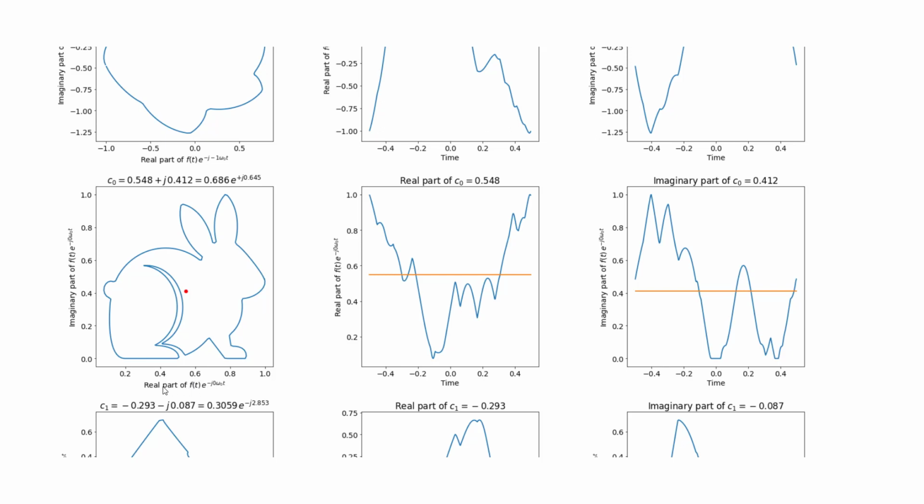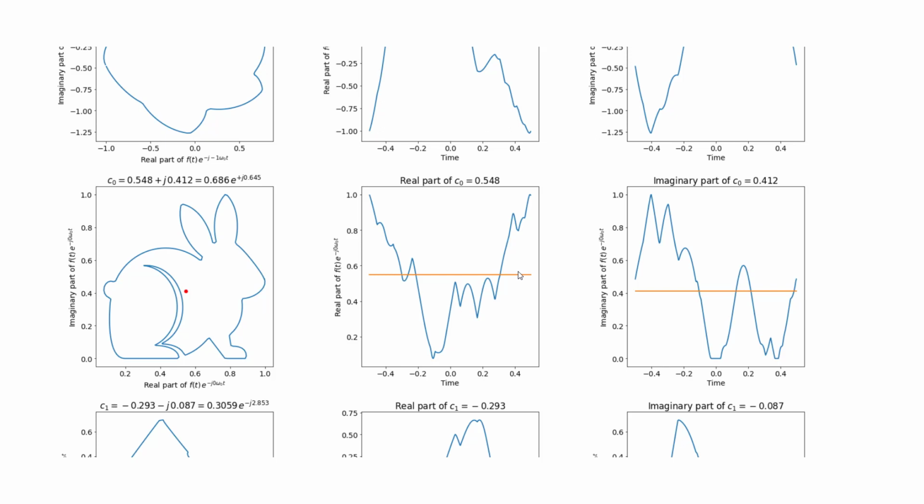So what you see here is the real part of f of t times the exponential of minus jk omega 0 t, and here the imaginary part of the same function, right? And then what you have to do here on the right is take the average of the real part of this function over time, over one period.